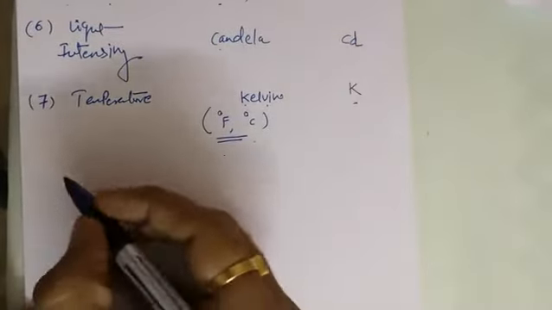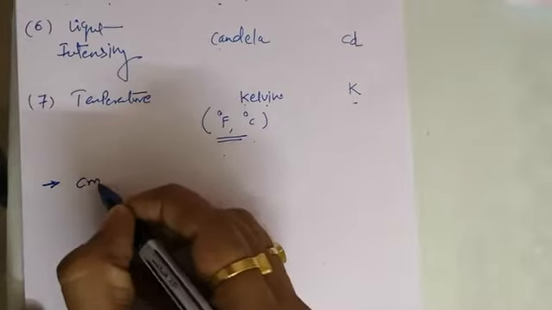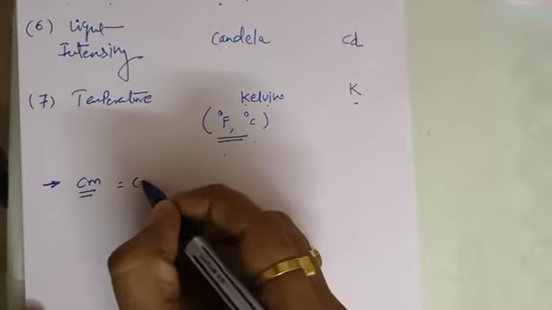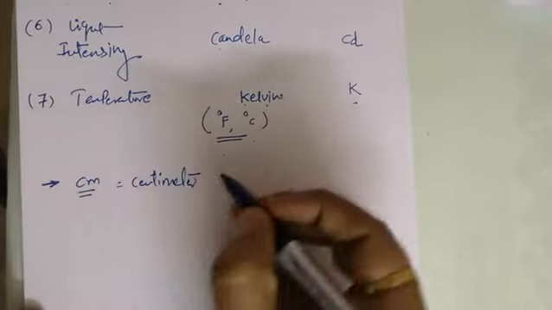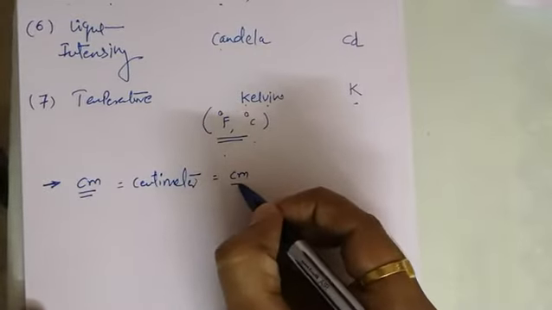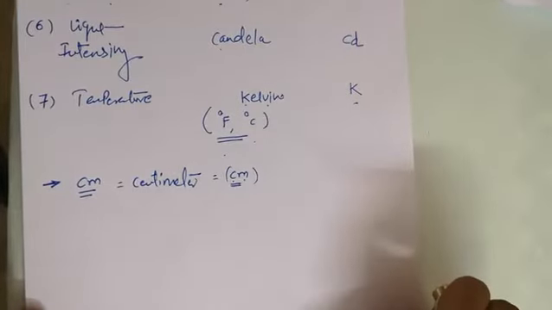Yes, there is another method to represent units. Let's say you write cm for centimeter; the famous method is that you always write in small letters, and then it is universally accepted.